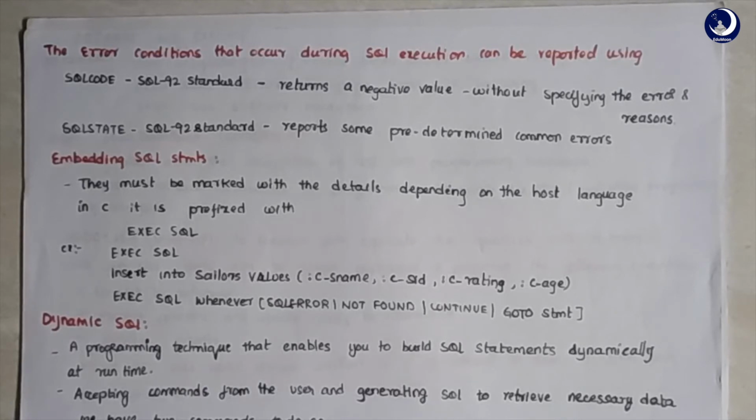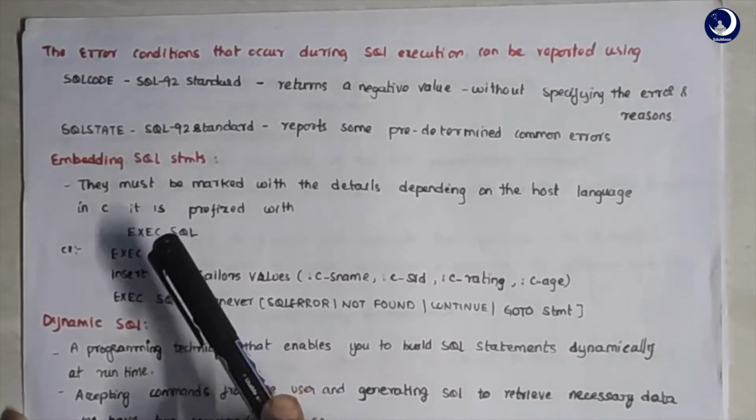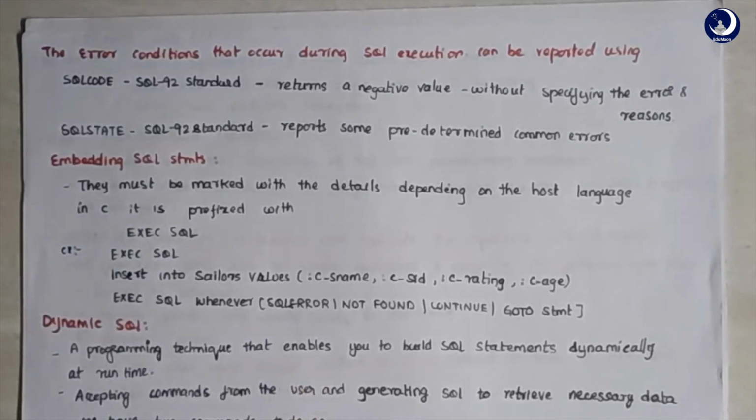So in Java, it is prefixed with execute SQL. This is the statement that we use in C to indicate the SQL statement start, right? So EXEC SQL, let's look at an example where we are inserting some values into SQL and reporting errors if there are any.